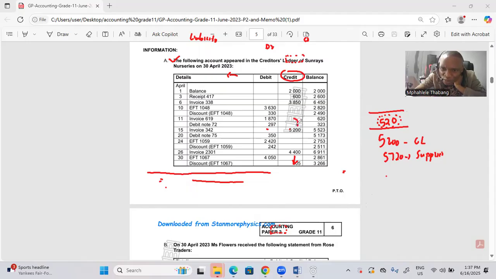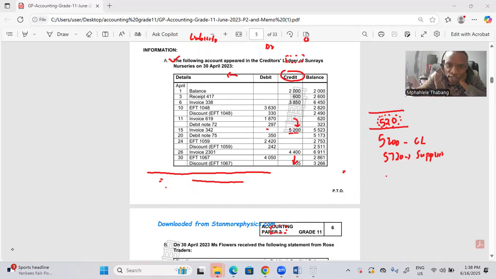Remember, this 5,200 was recorded on the credit side. So we are missing 520 on the credit side. We were supposed to record 5,720 on the credit side, but we only recorded 5,200. So I'm going to put 520 in the creditors ledger.